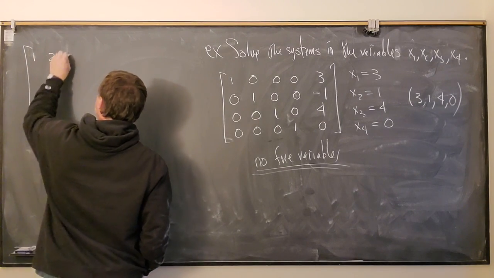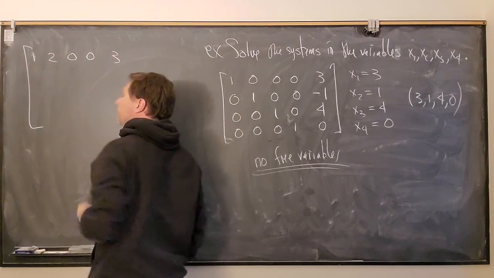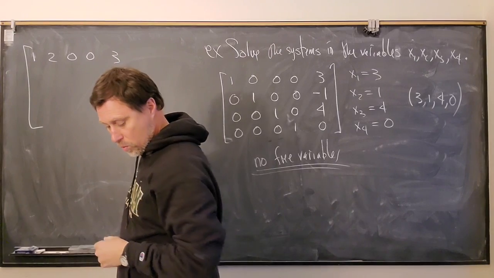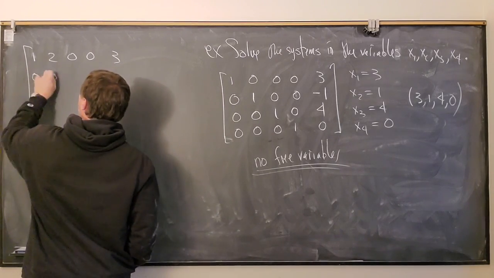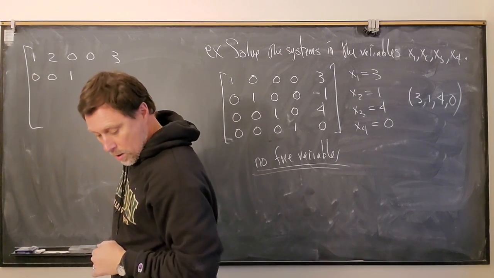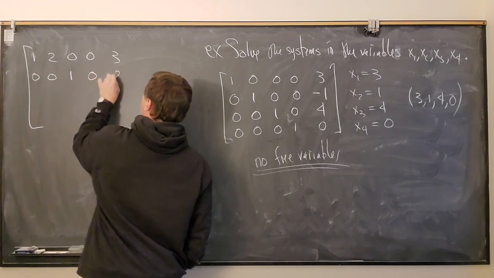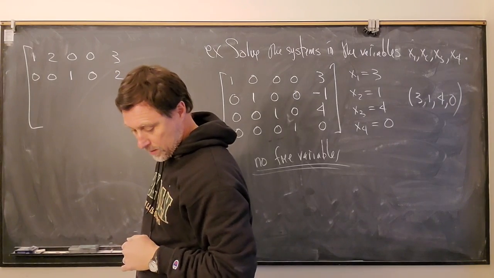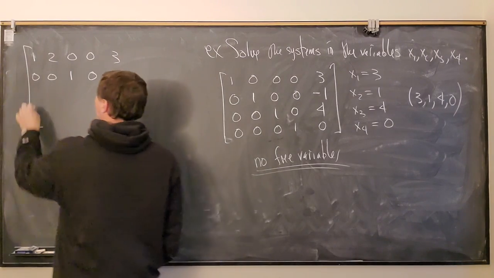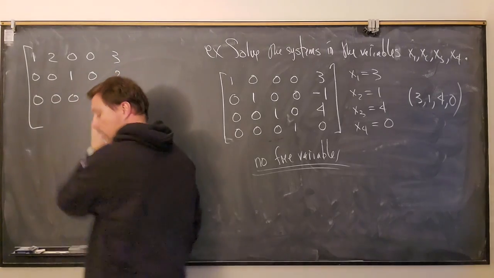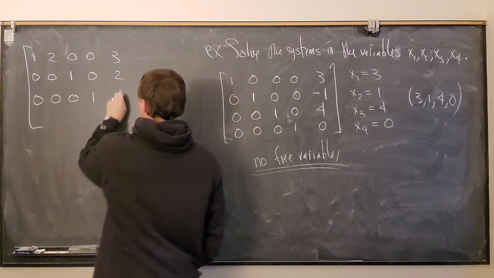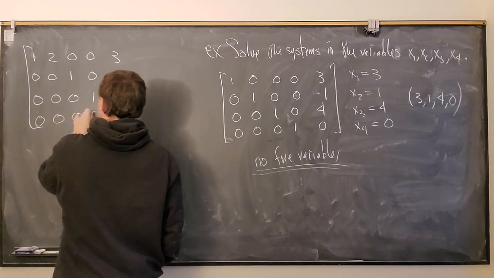Then 0, 0, 1, 0, 2. Then 0, 0, 0, 1, 1. And then 0, 0, 0, 0, 0.